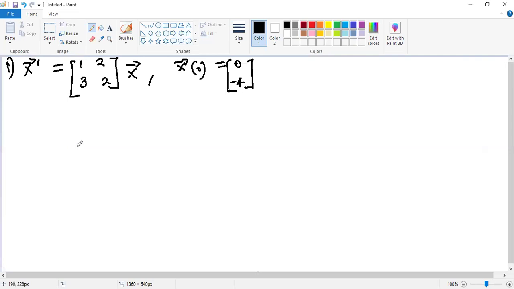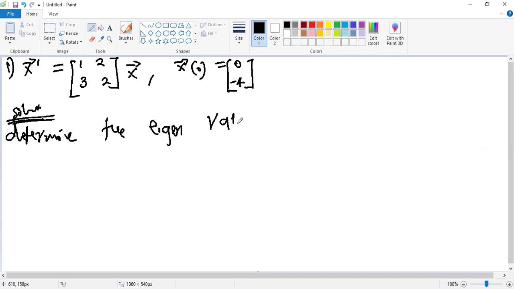Now, in determining the solution, obviously, we are going to be looking for the eigenvectors and eigenvalues. We already know how the general solution should be. So first, determine the eigenvalues. Now, how do we go about getting the eigenvalues?